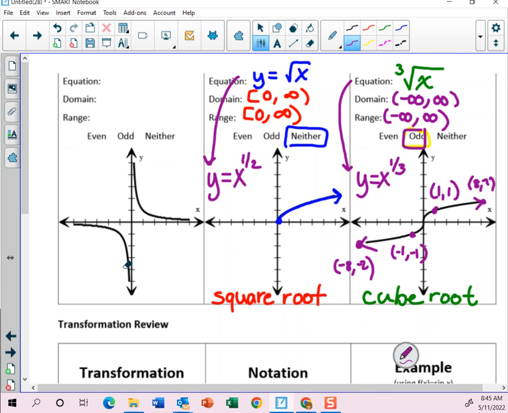This last one is the basis of all of our rational functions. So all that stuff we did in Unit 2 with a numerator over a denominator, they're all built around this guy. The generic form is 1 over x.